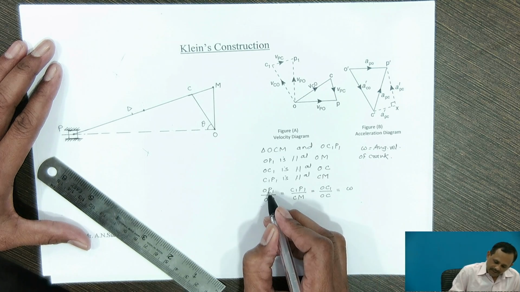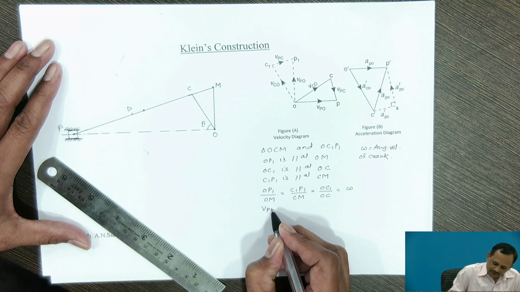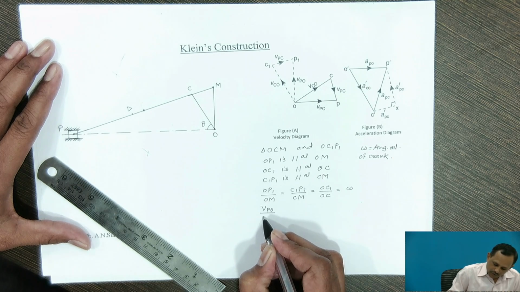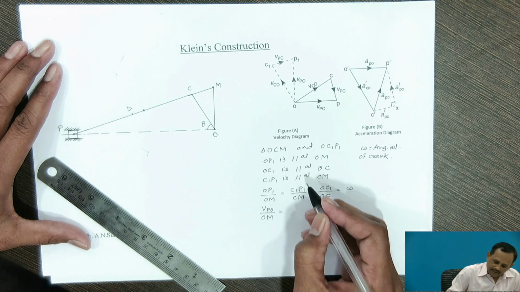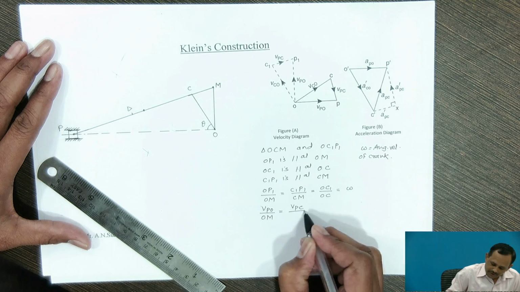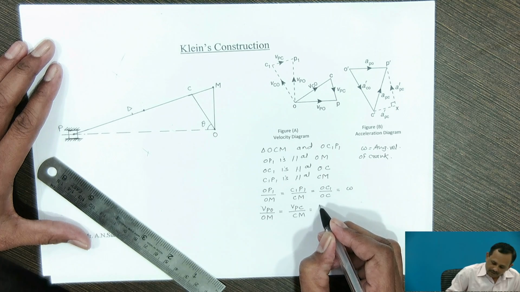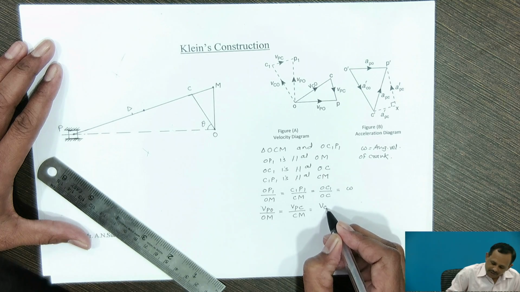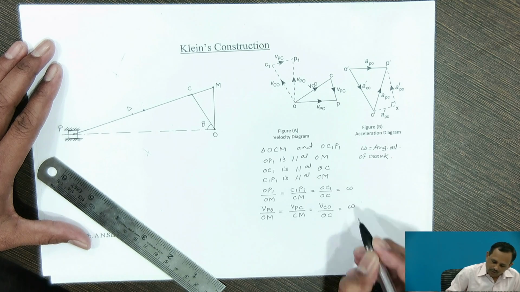So, vector OP1 in the velocity diagram represents the velocity of P with respect to O. So, VPO divided by OM is equal to vector C1P1, which represents velocity of P with respect to C, divided by CM, is equal to velocity of C with respect to O divided by OC, is equal to omega.